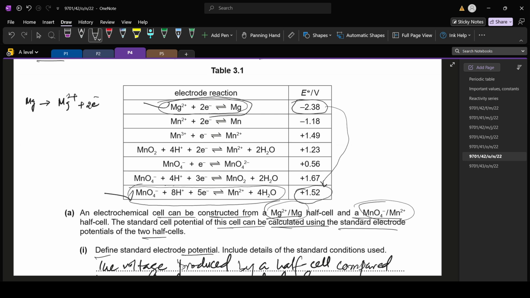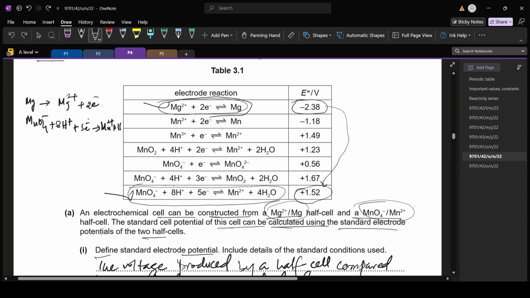These electrode reactions are all written as reduction, so we flip it: magnesium converts into magnesium 2 plus ions and 2 electrons are released. And this MnO4 is reduced.